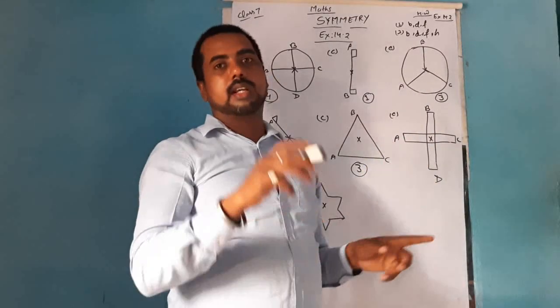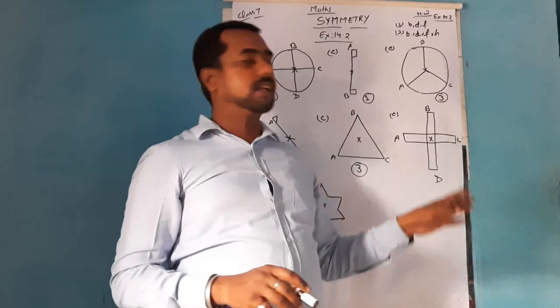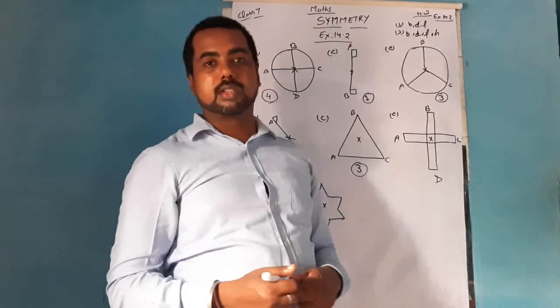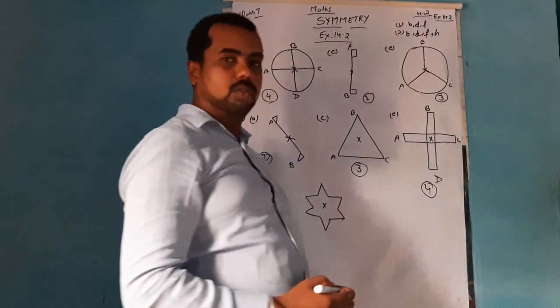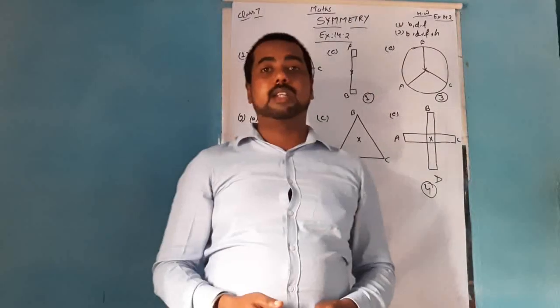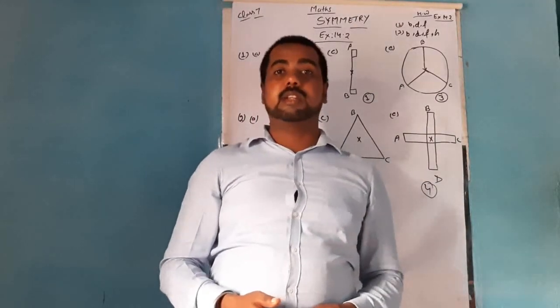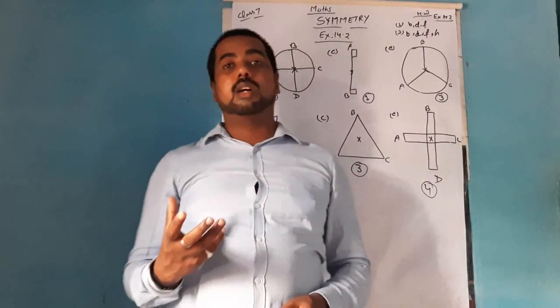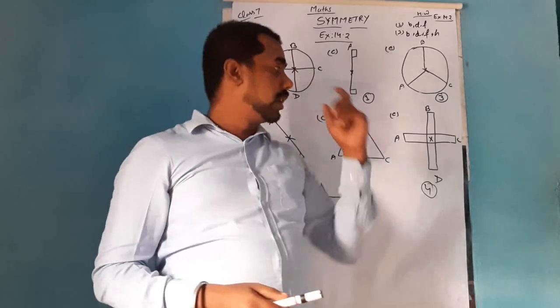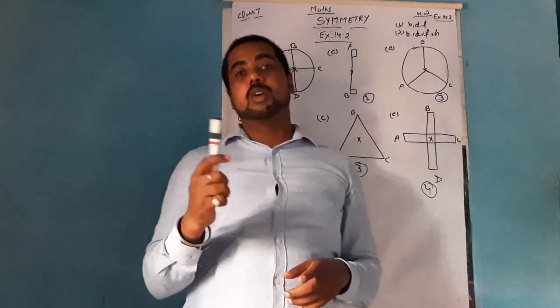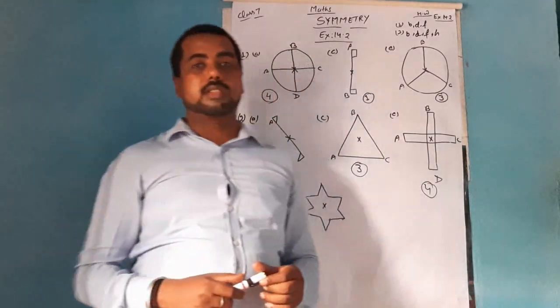It means in a complete turn of 360 degrees, it came 4 times to its original place. So its order of rotational symmetry becomes 4. It is very easy to find the order of rotational symmetry by seeing the figure also. If you see a polygonal type figure where the sides are equal, it will always have more than one order of rotational symmetry.